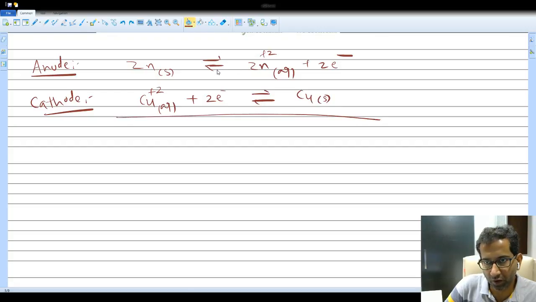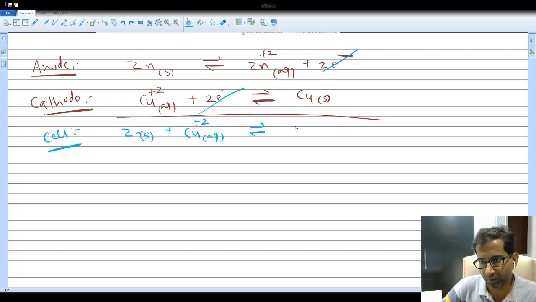If you want to write the overall reaction, that is considered as the overall cell reaction, these 2 moles of electrons will be cancelled. So the number of moles of electrons cancelled are 2 moles. So n equals 2 mole.